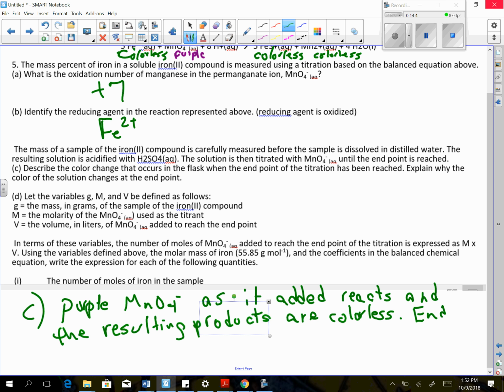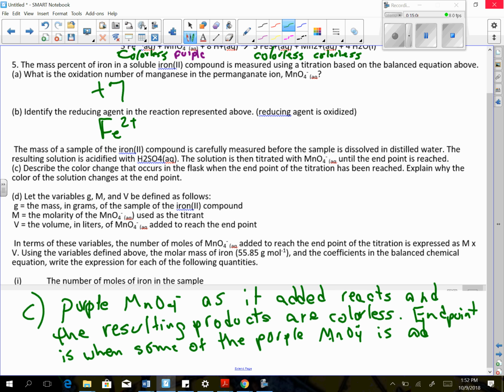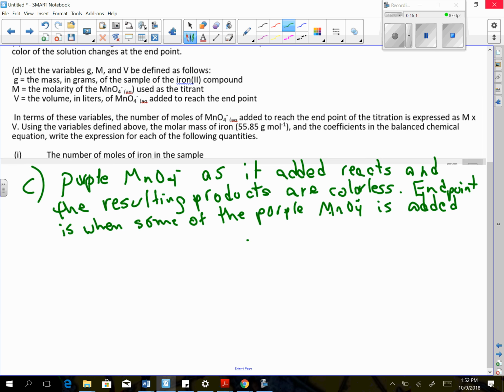The end point is when some of the purple permanganate is added, and a pink color.